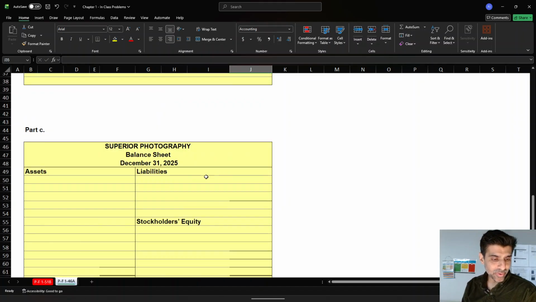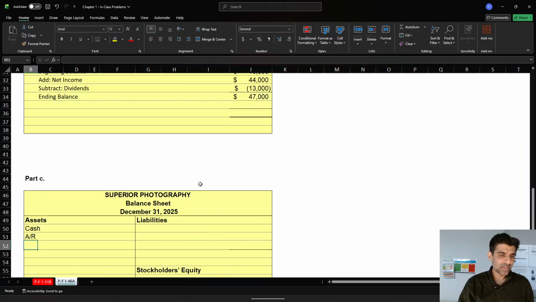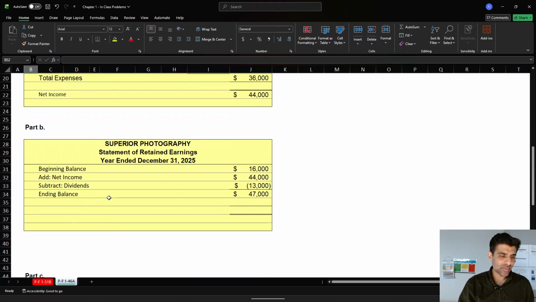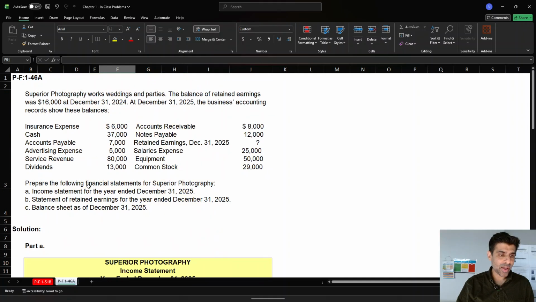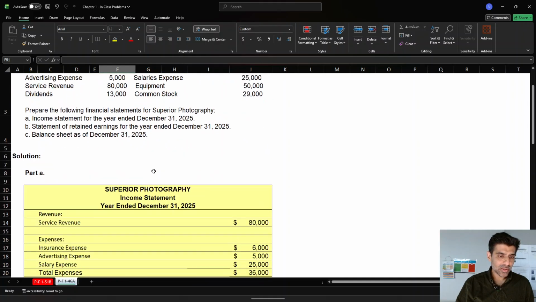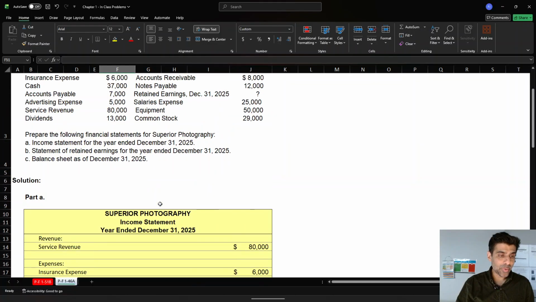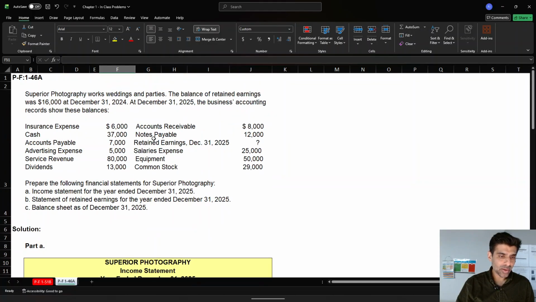Okay. So now for the balance sheet, I'm going to list all my assets: cash, accounts receivable, and you have the balances up here, 37,000, and so on and so forth. You're going to list your liabilities, which I think you have a couple of them.